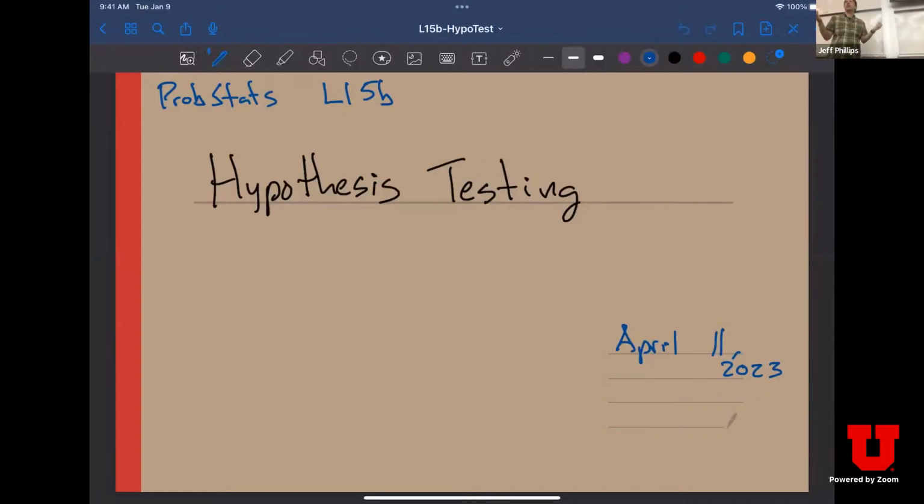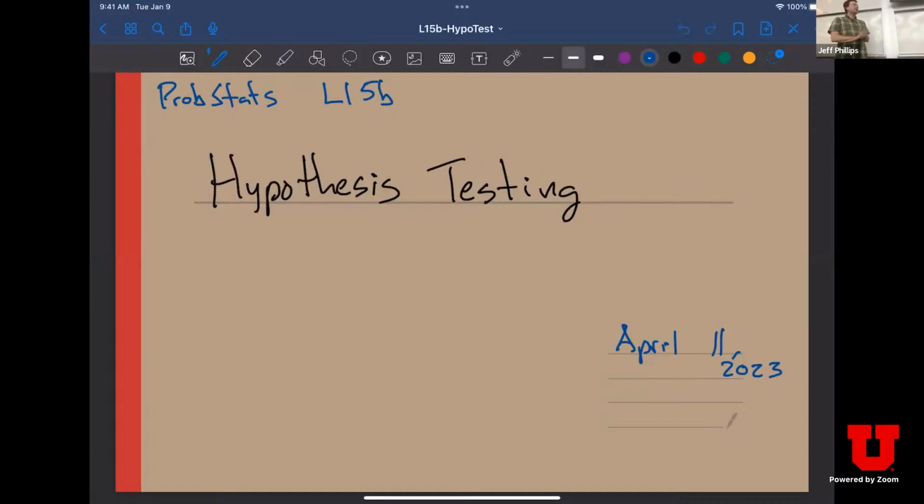Hypothesis testing is probably one of the most common things associated with using statistics. We'll get to things like the p-value at the end of the lecture today. To really understand this, it's going to build on everything you've learned from probability up through the basic statistics up to this point.